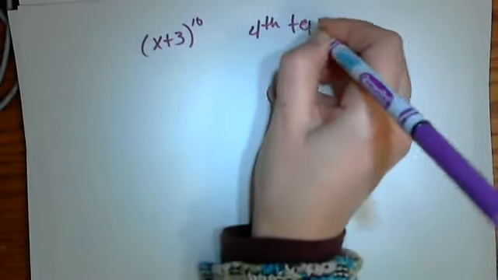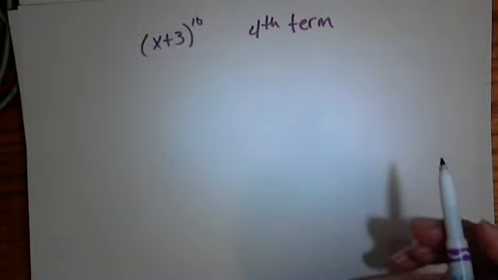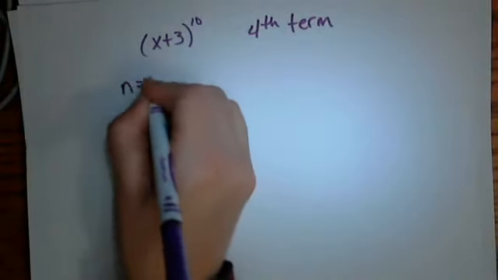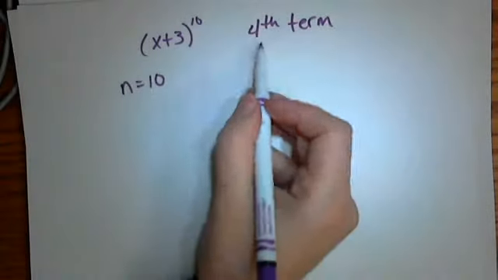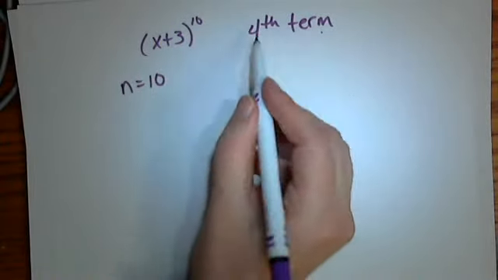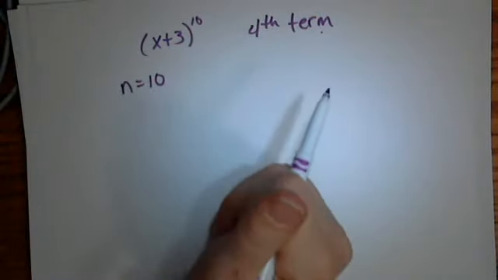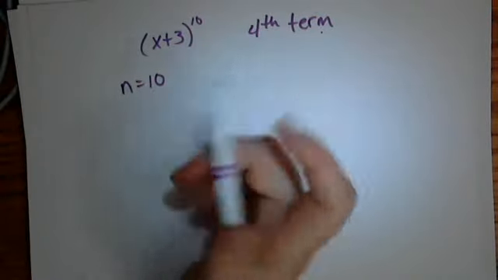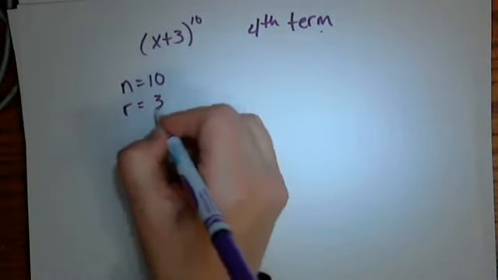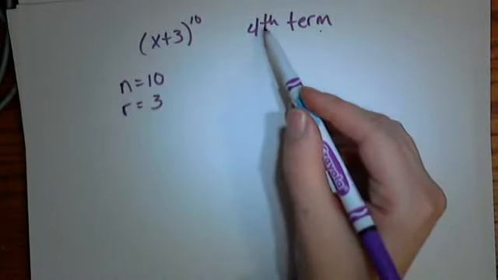What is n on this one? N is the exponent. N is going to be 10. Fourth term means what do we want to find as r? Remember, r is 0 is the first term, r is 1 is the second term. So we want to find r is 3. We want to find the fourth term.